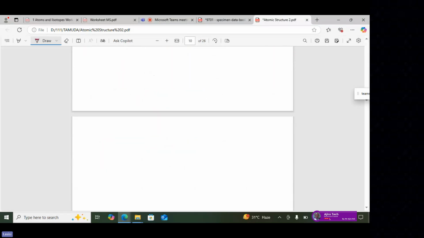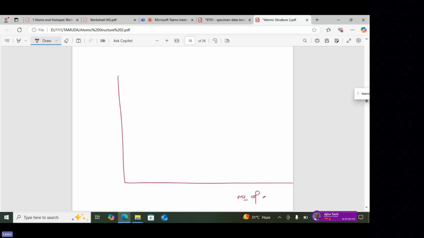So finally, if they give you a graph of one single element, look at this element. Number of electrons removed against energy required: number one, two, three, up to number 12.